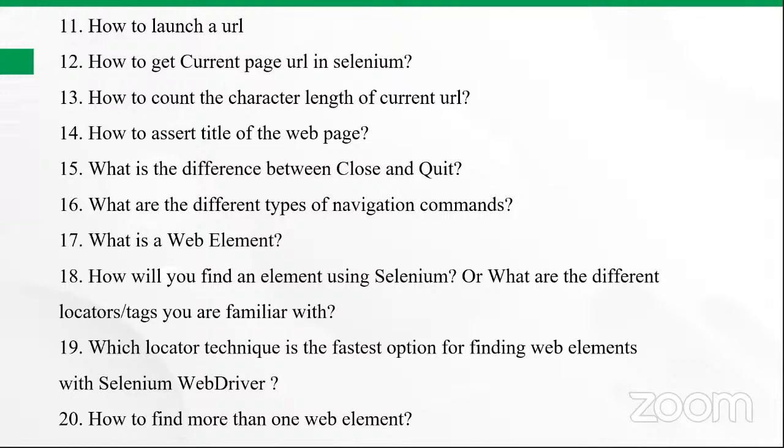But what we achieve using the navigate command is that the browser history will be stored so that we can navigate backward or forward. But in the case of get command, the browser history is not stored. Hence, the navigation is not possible. That is the only difference. The function of both the commands is the same. I hope it is clear.